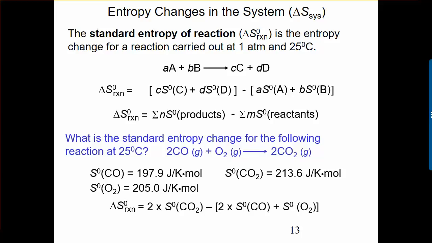This is our balanced chemical reaction, which we need. For carbon monoxide, we have 2, so we multiply 2 times the entropy of carbon monoxide plus the entropy of the oxygen. This one's times 1, not squared.